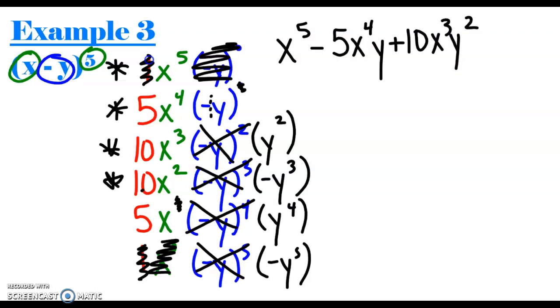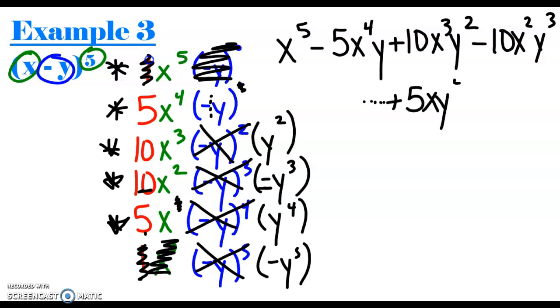Then I've got 10 times negative, so I've got negative 10 x squared y cubed. I'm going to have to continue down here. Then I've got 5, so I've got plus 5 x y to the 4th. And then I finish out with a minus y to the 5th.